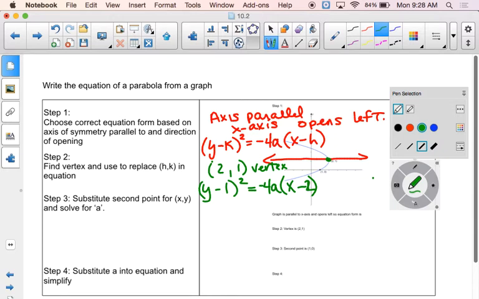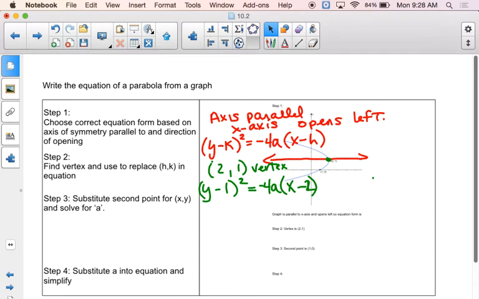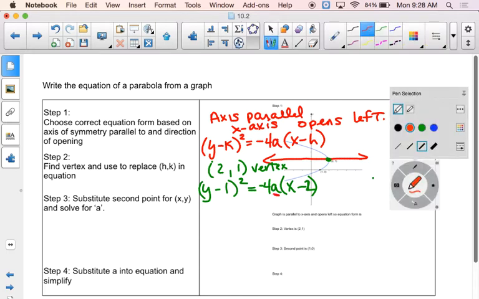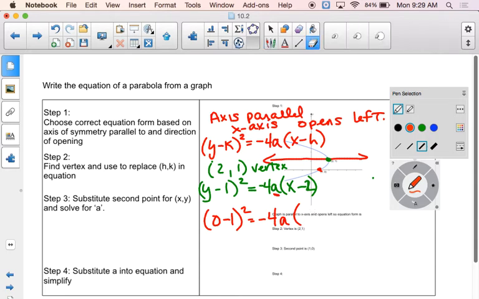All right, now the second thing I need to do is find what a is. Okay, so let's put any point into the general equation, and let's use this point 1, 0. So that means I'm going to have 0 minus 1 squared is equal to negative 4a times 1 minus 2.